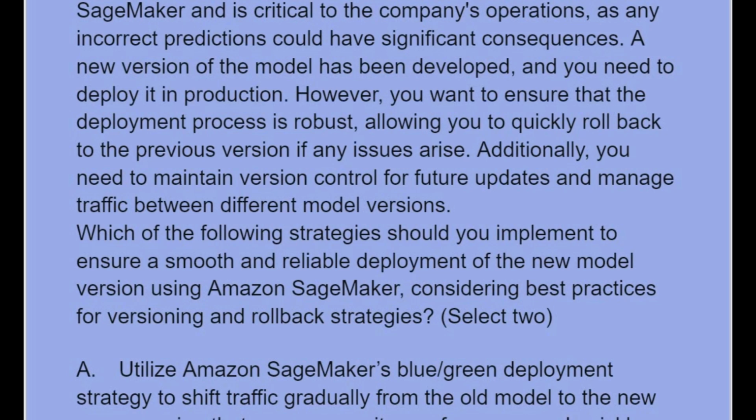Which of the following strategies should you implement to ensure a smooth and reliable deployment of the new model version using Amazon SageMaker, considering best practices for versioning and rollback strategies? Select two options.